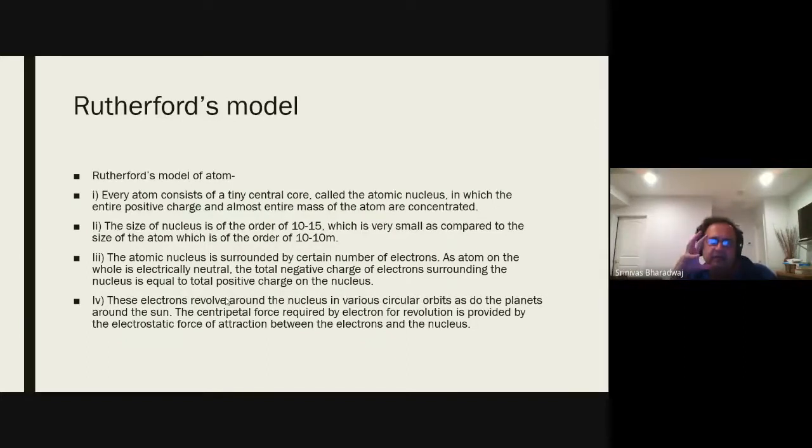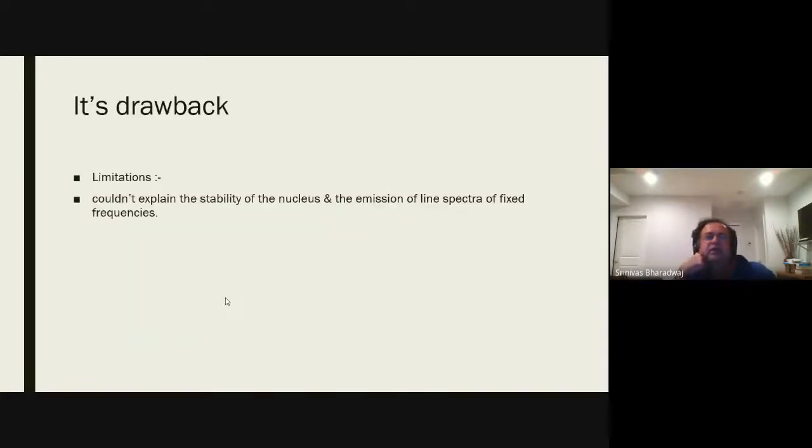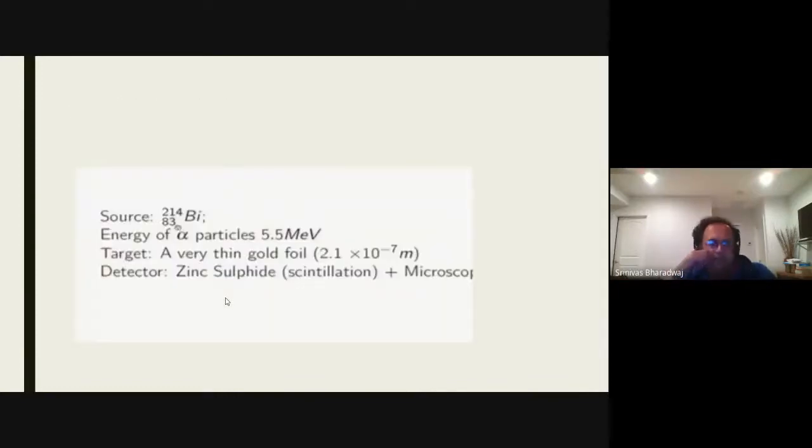Therefore, he came up with this Rutherford model, where he came up with the planetary system, and he said the centripetal force that holds the electron in place comes from electrostatics. But the problem was that the nuclei were stable and there were these emission spectra which could not be explained.